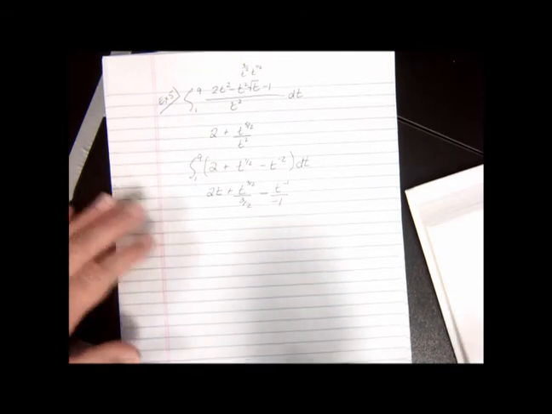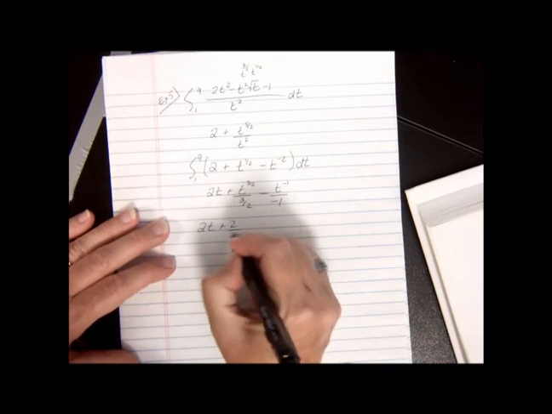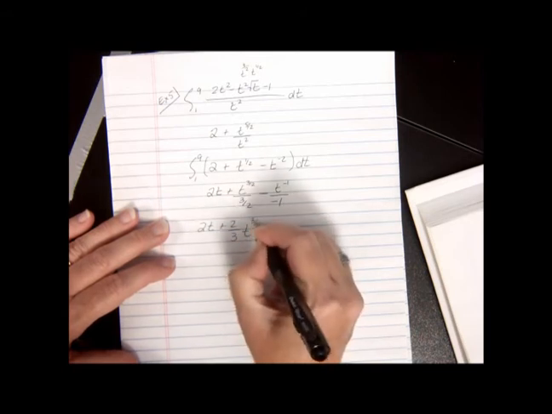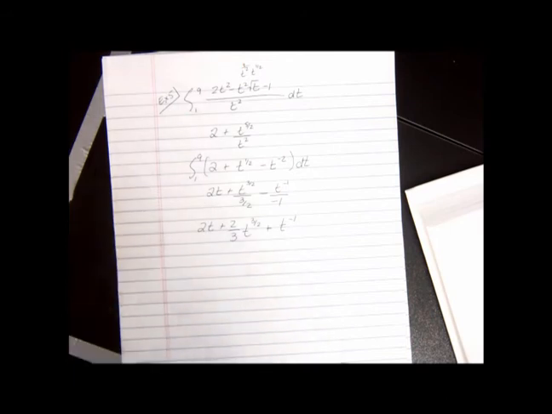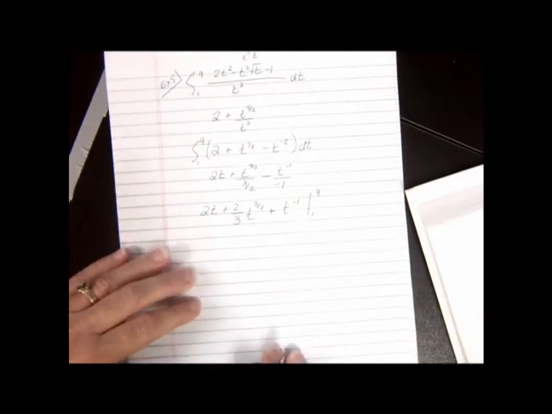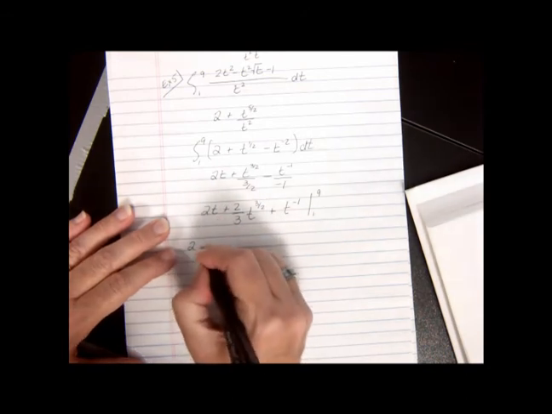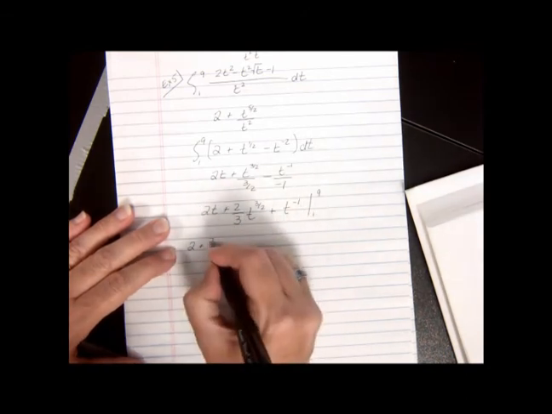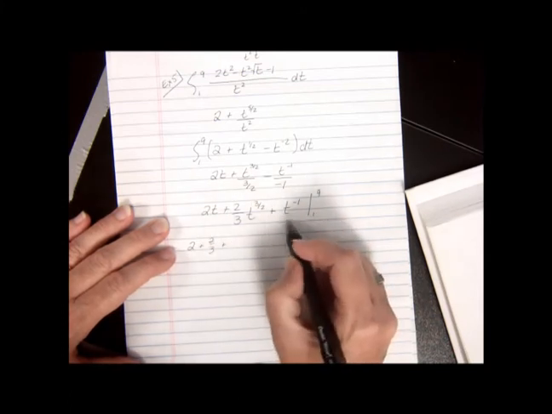When I simplify that, I will have 2t plus 2/3 t to the 3 halves plus 1 over t, or we can just leave it t to the -1 for now. Okay, now I'm going to evaluate this from 1 to 9. When I evaluate this from 1 to 9, I will plug 1 in and have 2 plus, plug 1 in here, 2/3 plus, plug 1 in here, it'd just be 1 over t, 1.